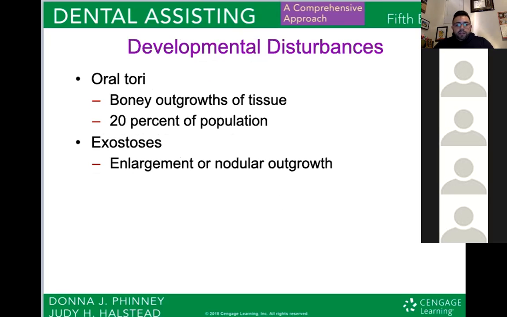Exostosis is an enlargement or a nodular outgrowth of dense lamellar bone that appears on the facial surfaces of the mandibular and maxillary palates. So it's just another type of tori. It's usually on the facial surfaces, whereas actual tori are almost always on the lingual surfaces.